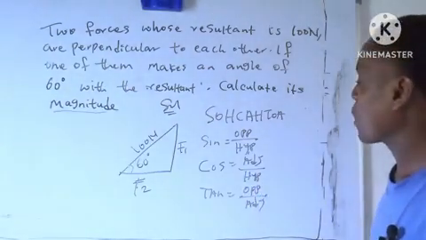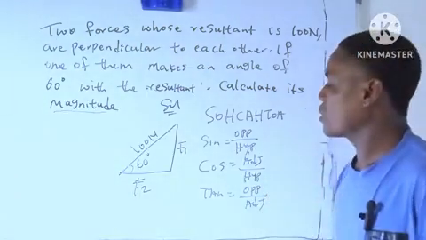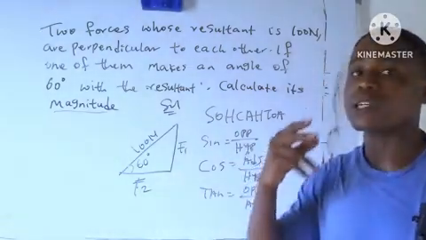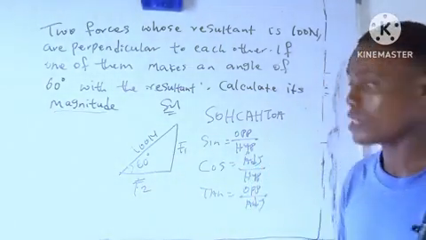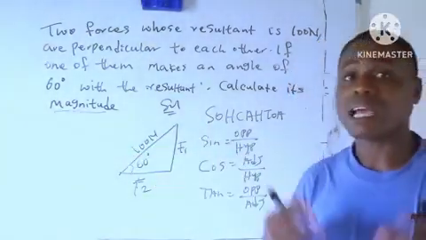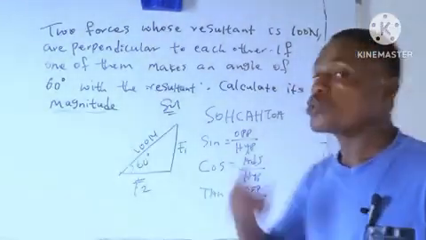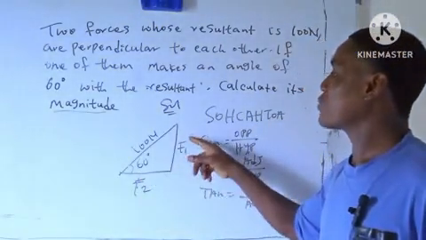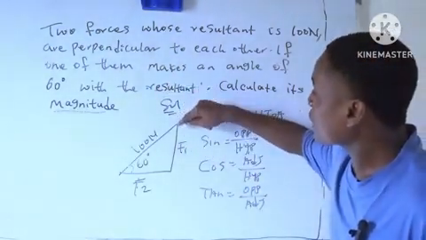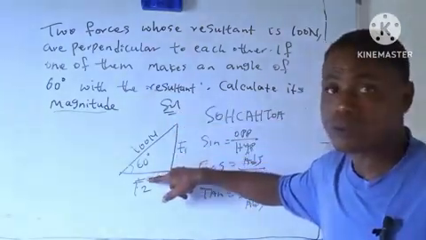Now take note. This is the angle. Where the angle is facing is called the opposite. The longest side is always the hypotenuse. Supposing the angle is here, here will be the opposite.